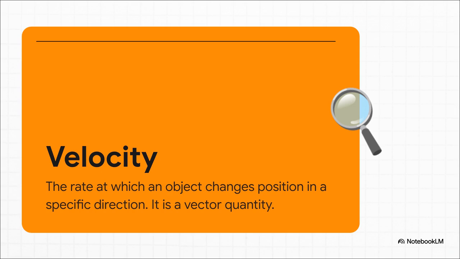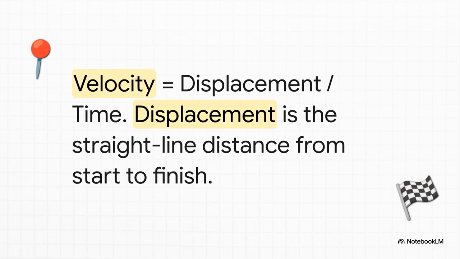You're talking about velocity. And that makes it a vector. The formula looks almost the same, right? But look closely. We're using the word displacement instead of distance. Displacement isn't just how far you went, it's how far you are from your starting point, in a straight line, and in what direction. This is so important because it means you can actually change your velocity without ever changing your speed. All you have to do is turn a corner.